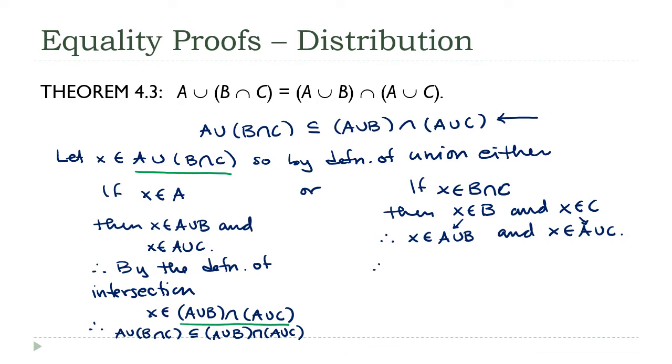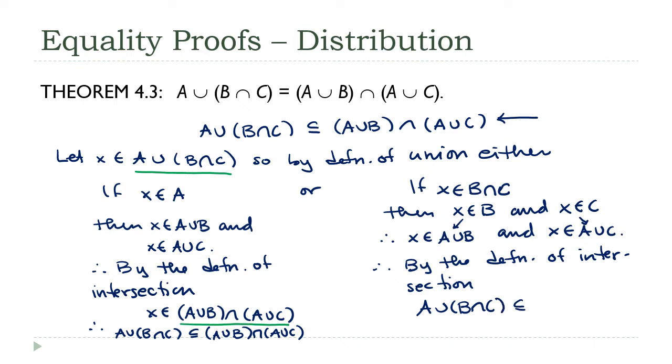So again, therefore, by the definition of intersection, we have A union B intersection C is a subset of A union B intersection A union C.